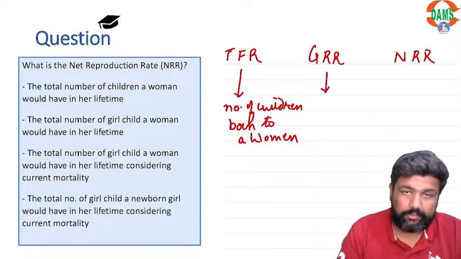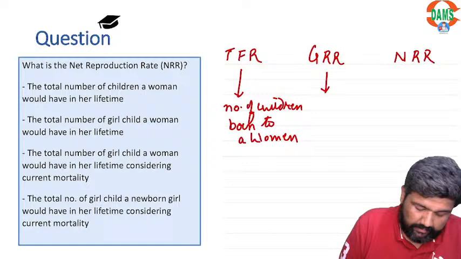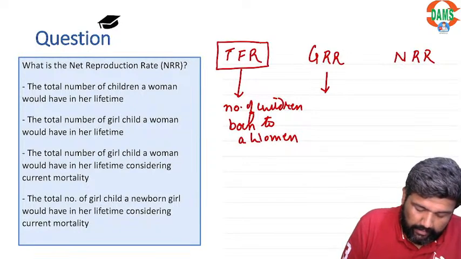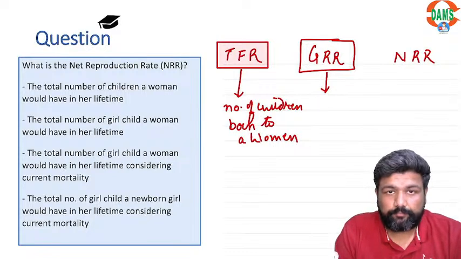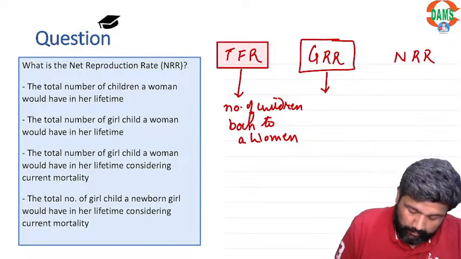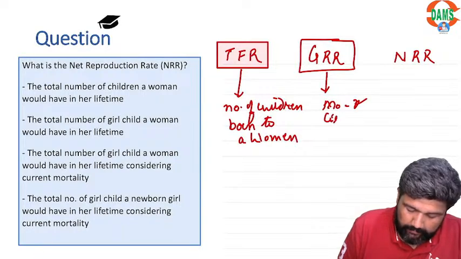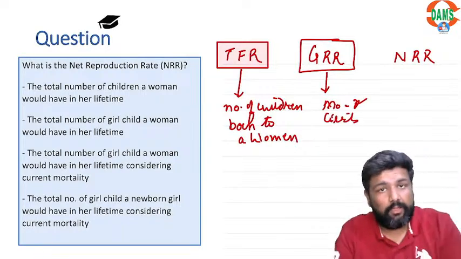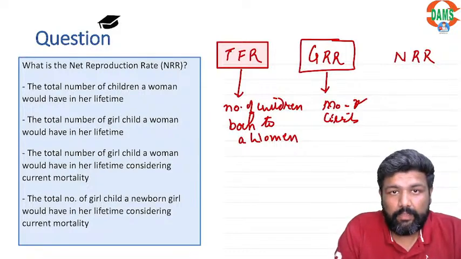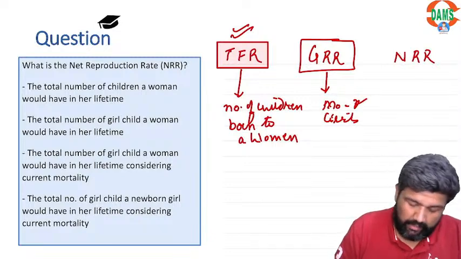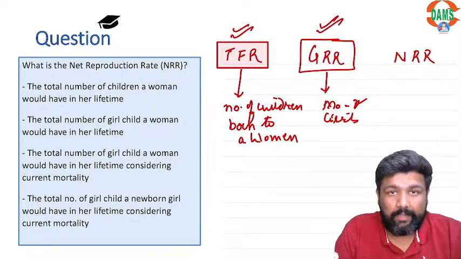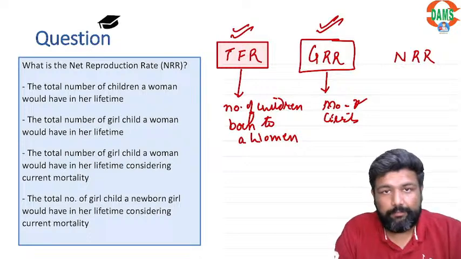This is total fertility rate, and in gross reproduction rate, we have the number of girls born to a woman. So in TFR, boys and girls both. In GRR, only the number of girls born to a woman.